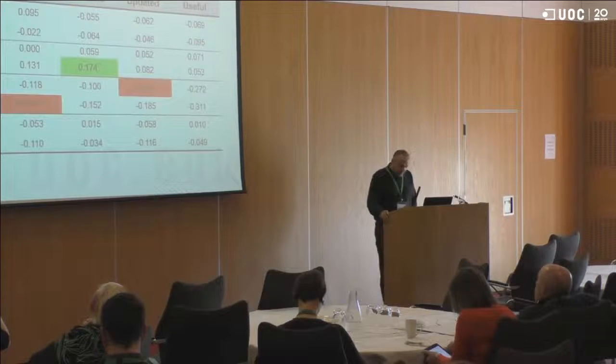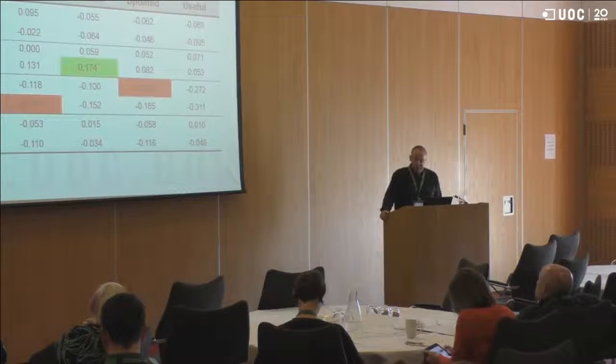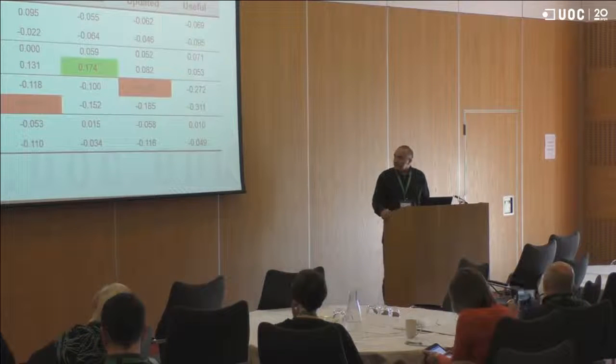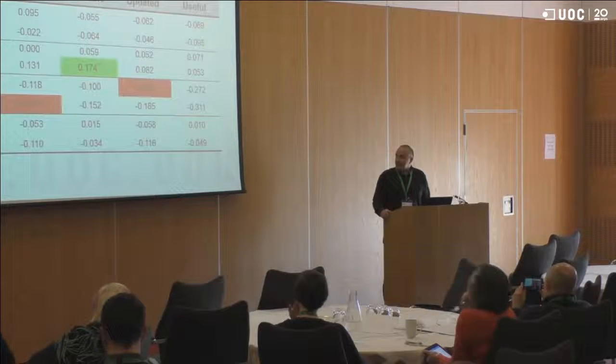And finally, what about the relationship between quality perception and academic qualification? Well, we have no correlation between these two issues. Just this green cell and these two red cells, but as you can see, there are low correlations.